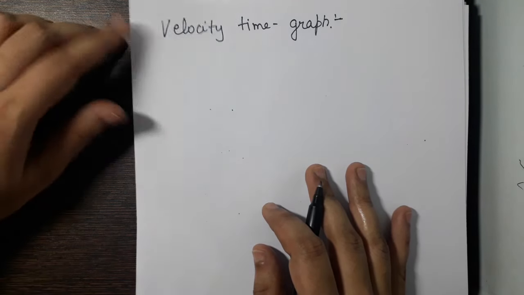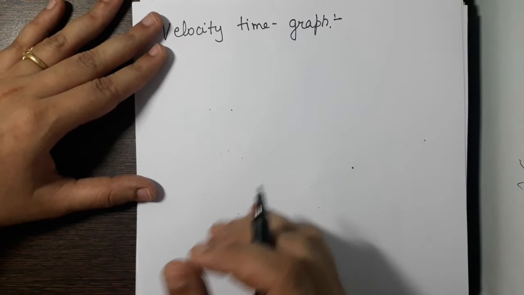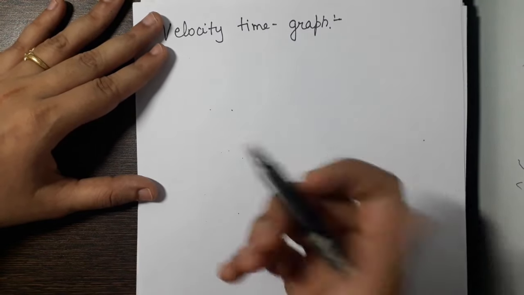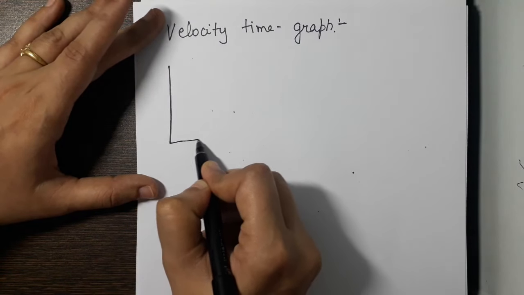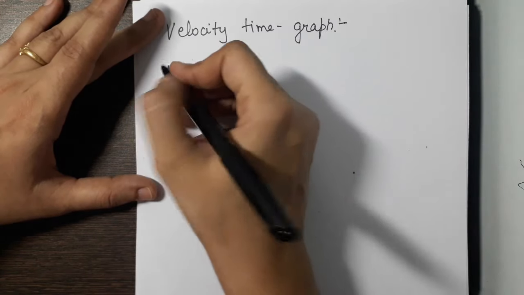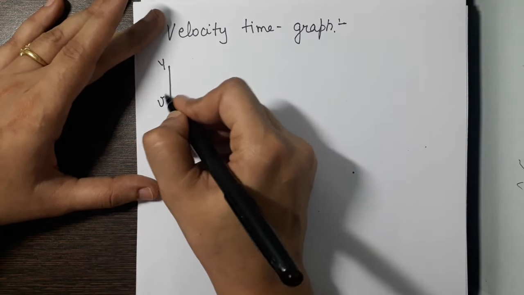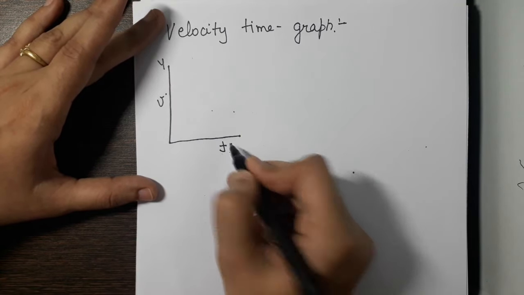So here, when the velocity time graph is a straight line having a positive slope, means for uniform motion, what will be the velocity time graph? Here we will draw the velocity time graph the same way. Our velocity will be represented by the y-axis and our time will be represented by the x-axis.